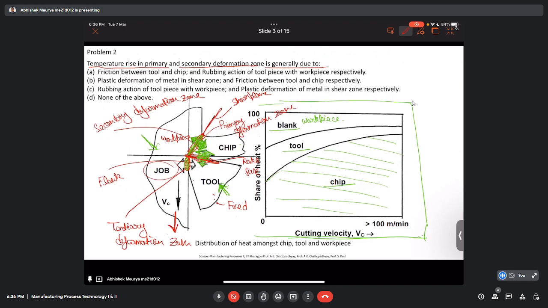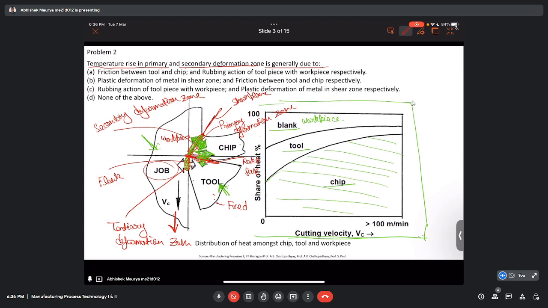Now let's come back to the answer of this question. Temperature rise in the primary and secondary deformation zone is generally due to, in the primary we know the temperature rise takes place because of the shear deformation. Shear deformation takes place because we are applying some load and material is getting plastically deformed in the form of chips.